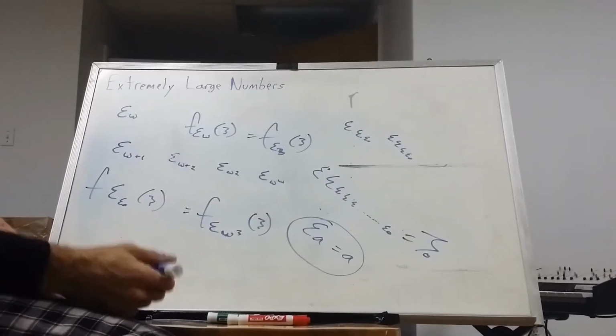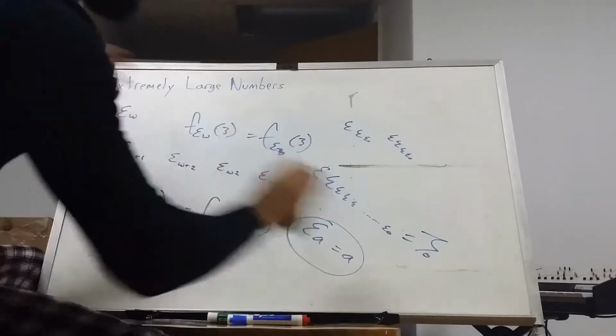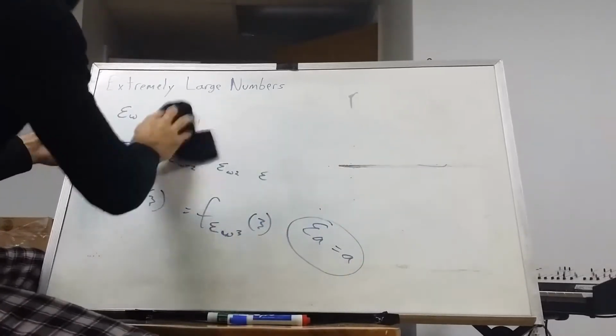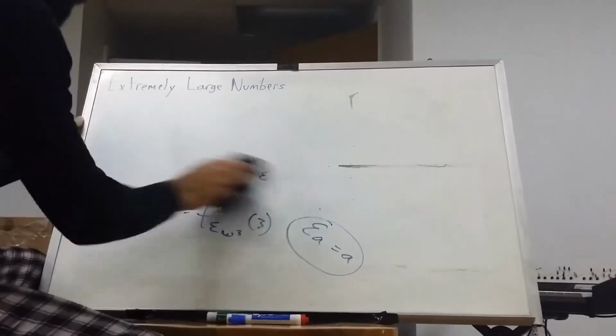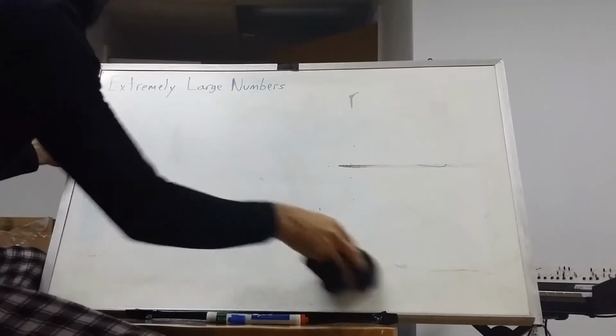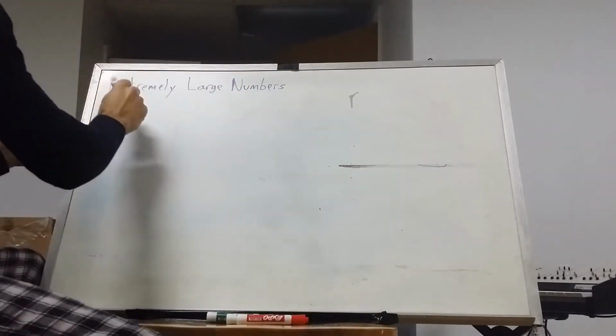And again, we can use this in the fast-growing hierarchy. So I'm just going to erase this, get a new page. Let's plug in Zeta naught. Okay. F of Zeta naught.